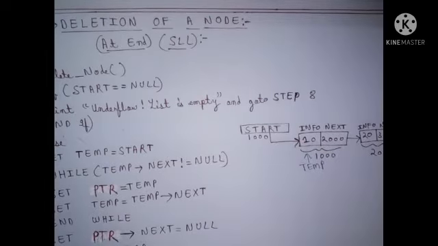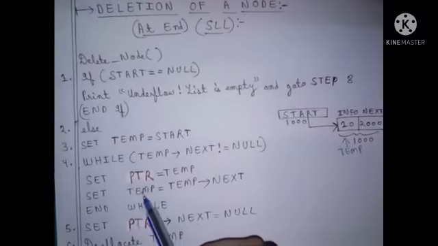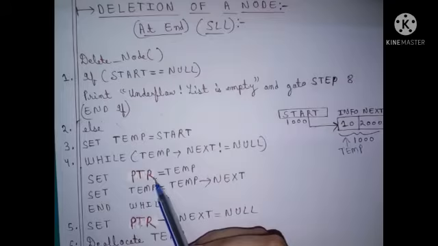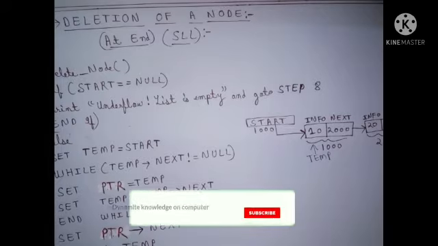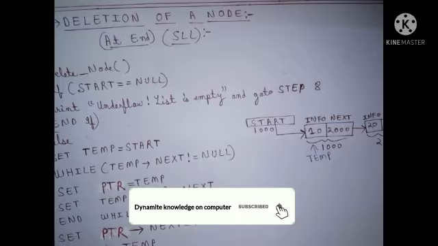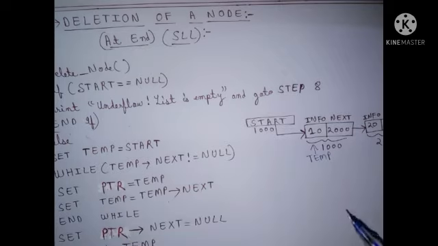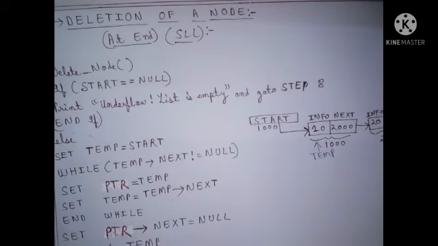Now we require another pointer. Why do we require another pointer? Here we have used another pointer, ptr. Because we need to keep hold of the second last node also. As we want to delete the last node, we need to keep track of the second last node. That's why we use another pointer, ptr.